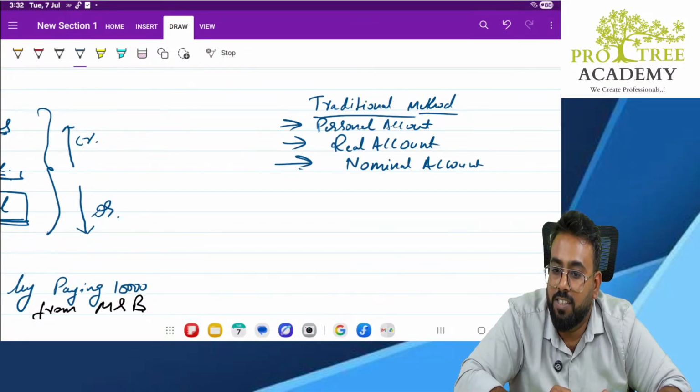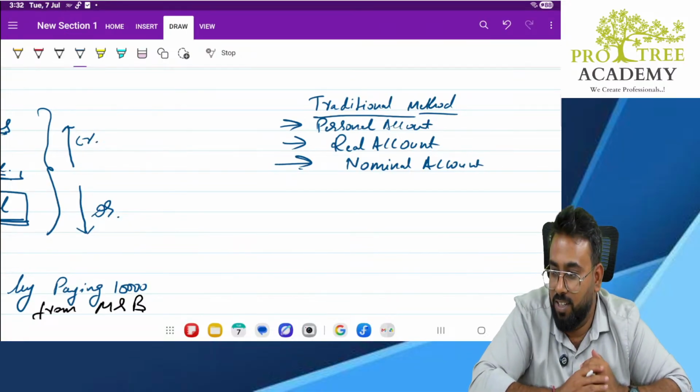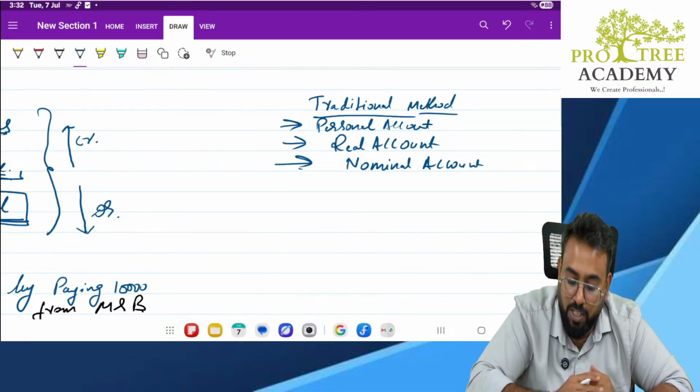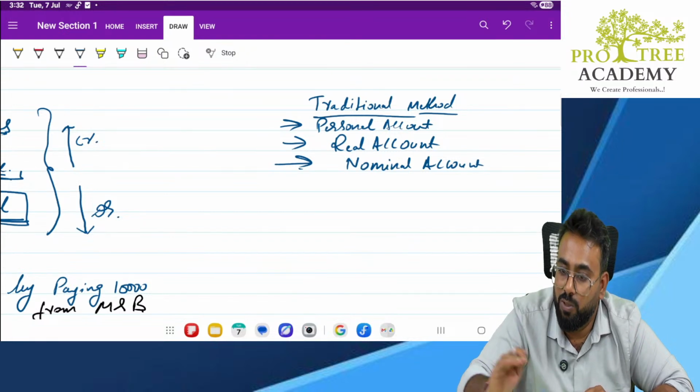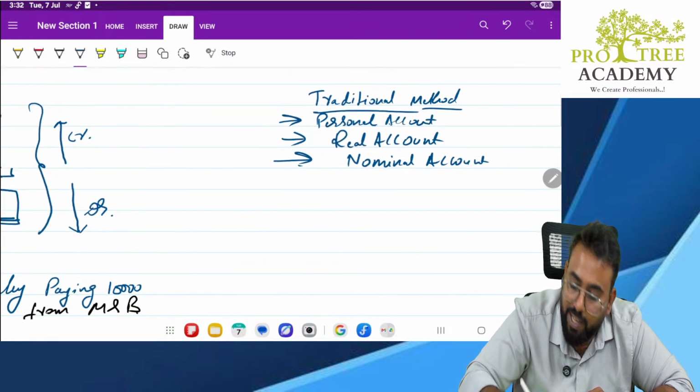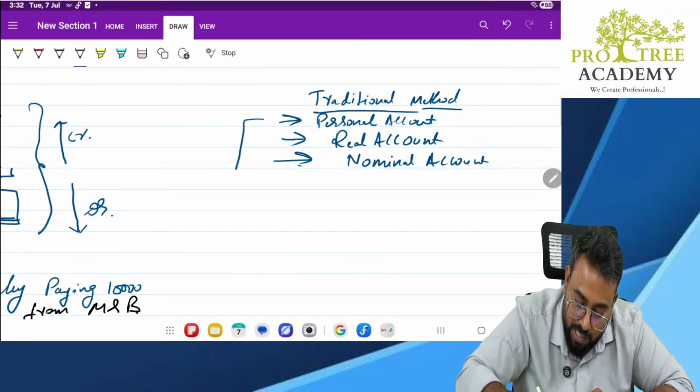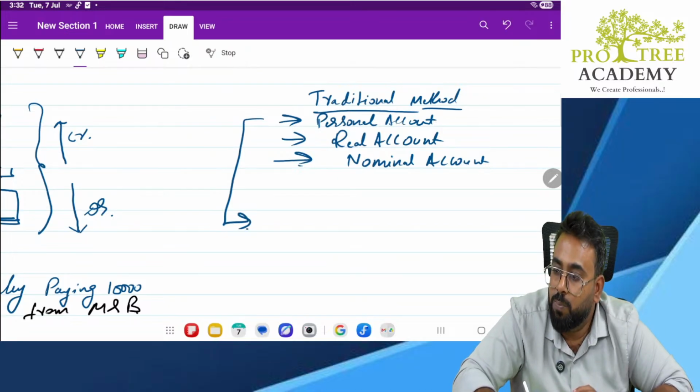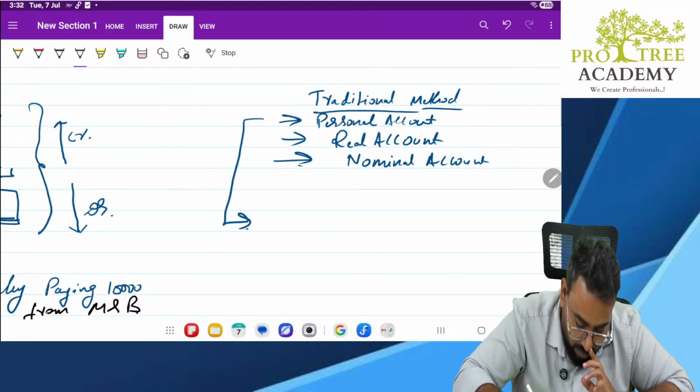These are also called the golden rules of accounting. Clear? Golden rules of accounting. So they split the things into three items: personal, real, and nominal. Now, what is personal, sir? Personal again is split into three. What is that?